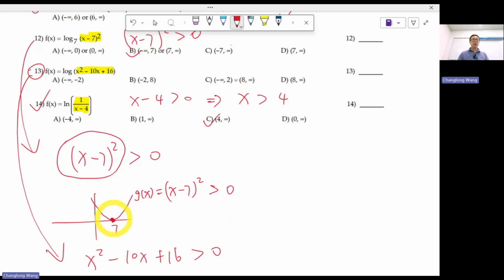And that's the only point you should exclude. And therefore, you ask yourself, what kind of value should you take for x? Feed it to the g of x, so then f of x doesn't complain. It will be all real numbers except for 7. And that's just a strange way of skipping that number 7.